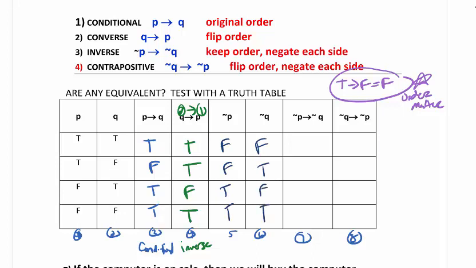Now I'm going to look at, for this next piece, I'm keeping the order and negating each. So this is the inverse. I am looking at column 5, then 6. So if I start off with a false, it's automatically true. The only one I break my promise on is the third, which is going to be false, and then true.